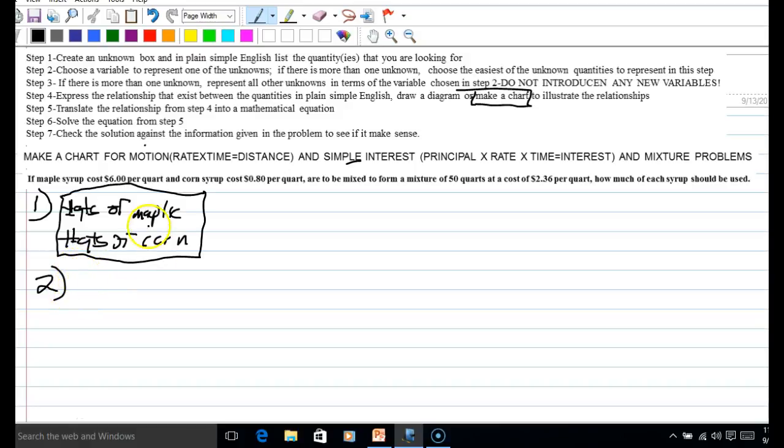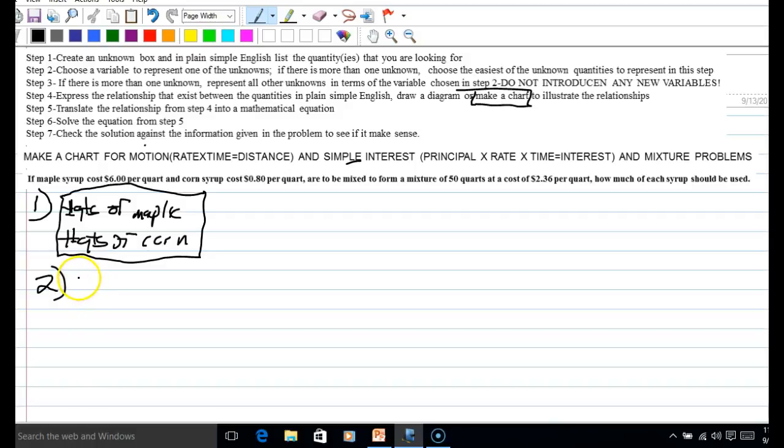Now in step 2, I've got to choose a variable to represent one of these unknowns. Now generally what I do is choose the easiest of the two unknowns to represent. However, here one is just as easy as the other to represent.